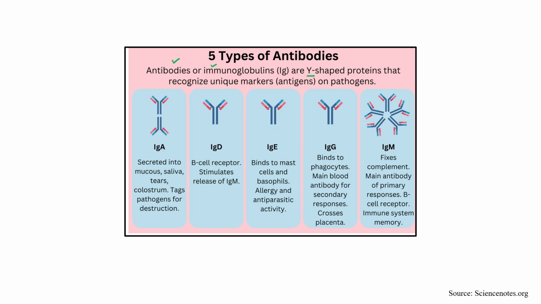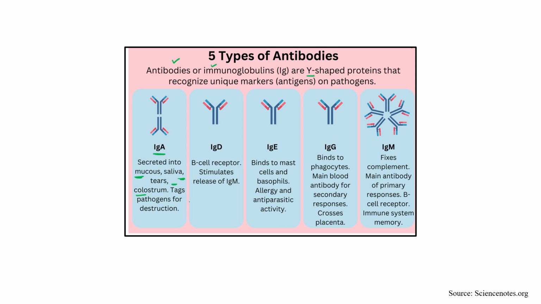The first type of immunoglobulin is IgA, or immunoglobulin A. These are present in the various secretions of our body, like mucus, saliva, tears, and colostrum.